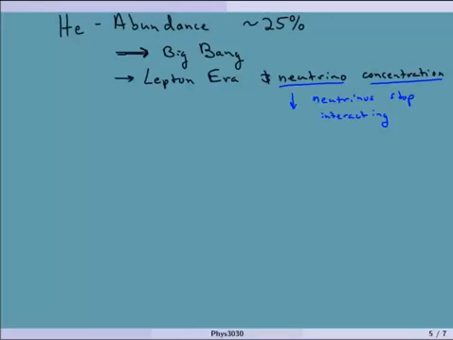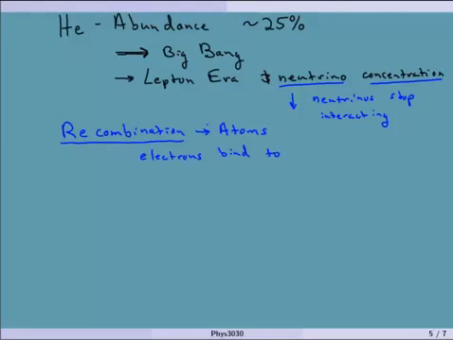Okay. Then after this, just a little bit further along the way, we get recombination, which, again, recombination I'm not sure is the best word because nothing was necessarily ever combined, but then you actually start to get atoms. And the telltale sign of an atom, right, is electrons bind to the helium and the protons, so they bind to the nuclei.